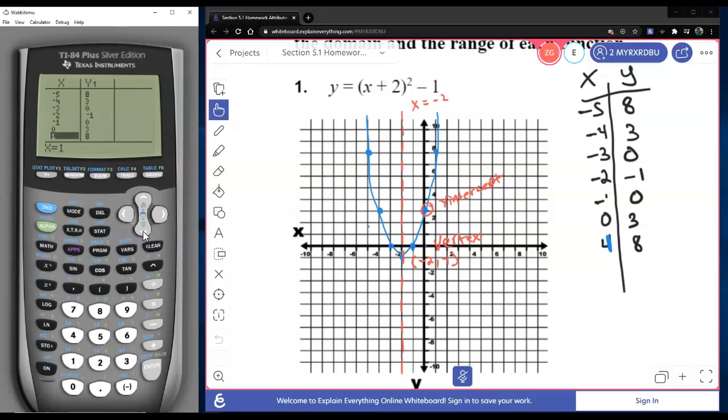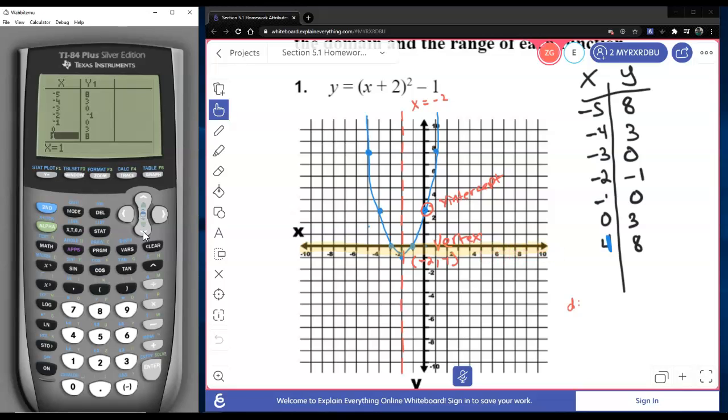And I know that it's asking for domain. Remember the domain, you're looking at going from left, the x values, all the way to the right.